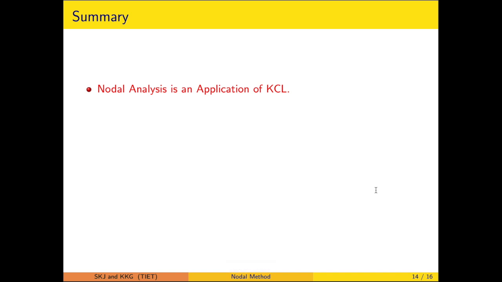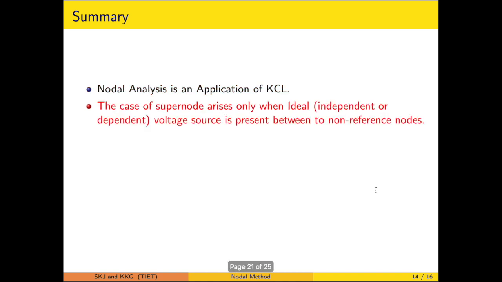Now as a summary, it is already known that nodal analysis is an application of KCL. A supernode arises only when an ideal independent or dependent voltage source is present between two non-reference nodes. The sense of ideal means it is only a voltage source without any series resistance.